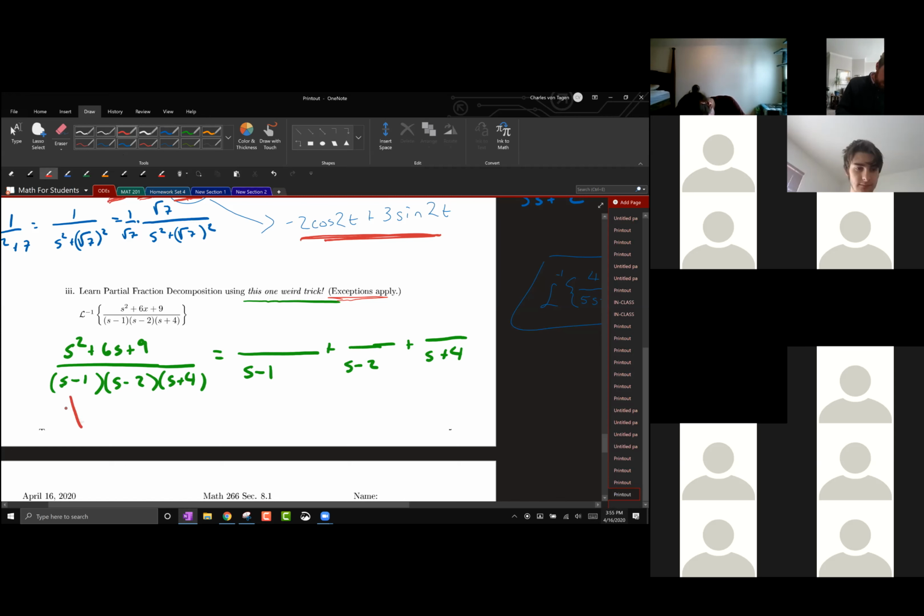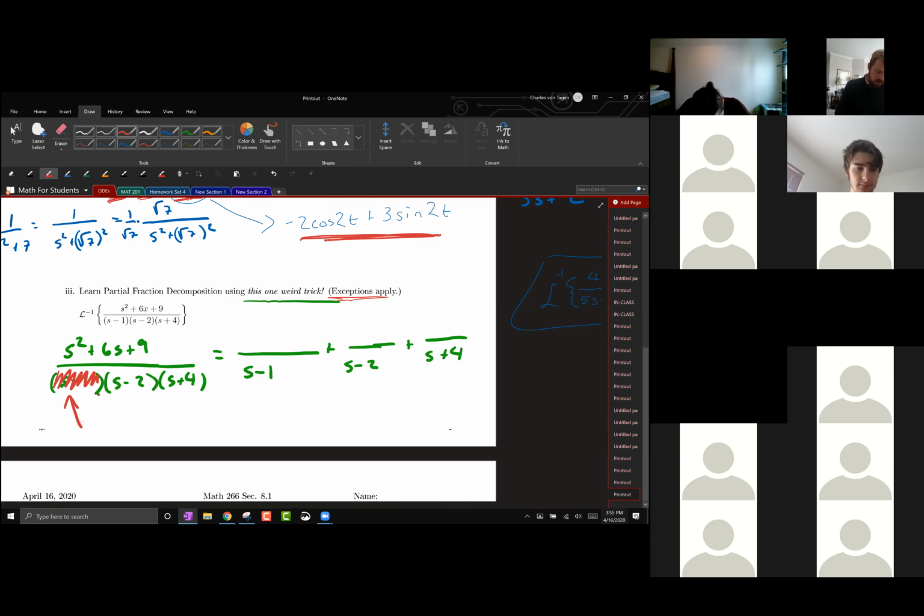For this first factor here, s minus 1, I'm going to replace all entries of s with 1, the thing that would make this expression 0. I'm going to replace all entries of s with 1, and then I'm going to block this out and then replace all the s's I see with a 1.